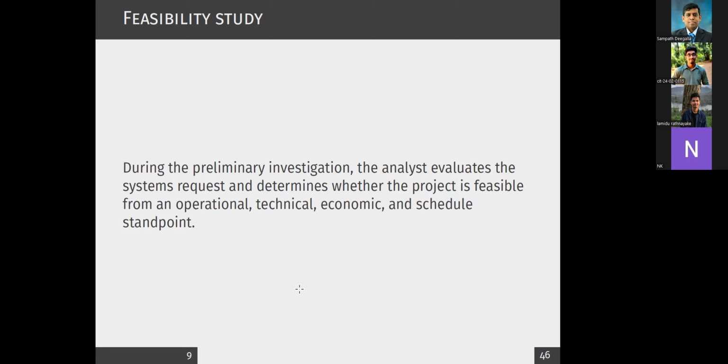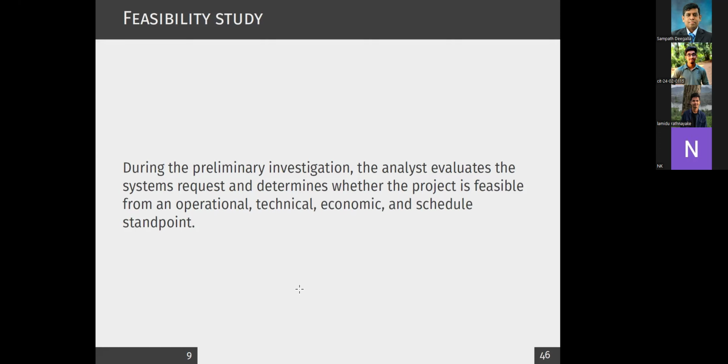Operational feasibility means, let's say you develop an information system, you have to have staff to work with this system. Sometimes you might not have staff to work with the system once you develop it. Therefore, operational feasibility means once you develop the system, you have to have personnel to work with the system.